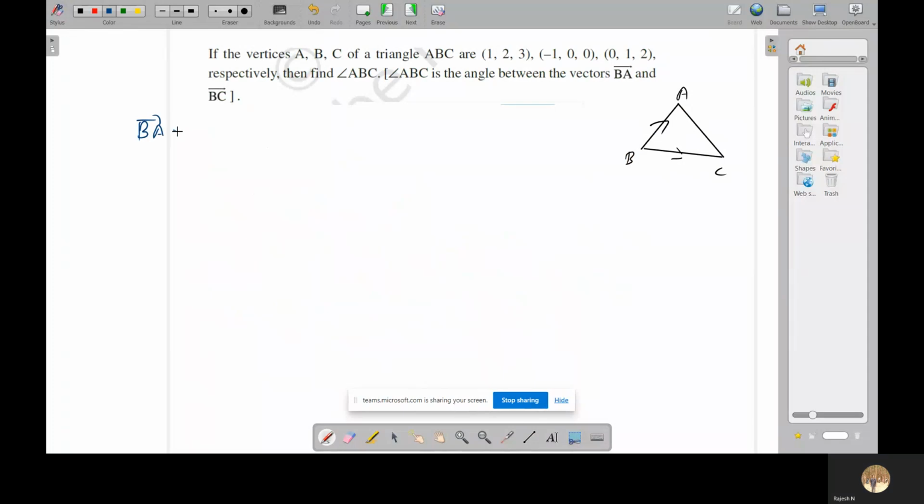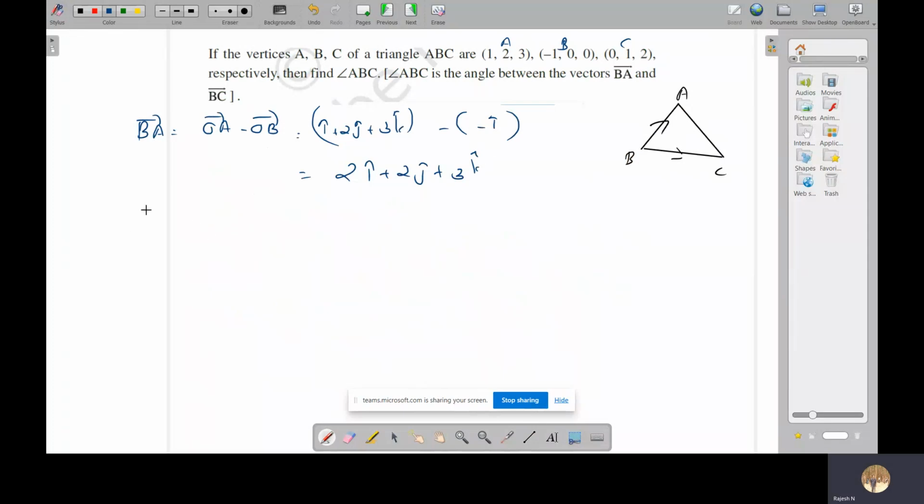What is vector BA? Vector BA means OA minus OB. What is OA? I cap plus 2J cap plus 3K cap, minus OB, which is minus I cap. So what is it? 2I cap plus 2J cap plus 3K cap.